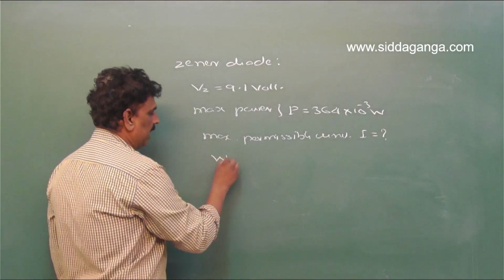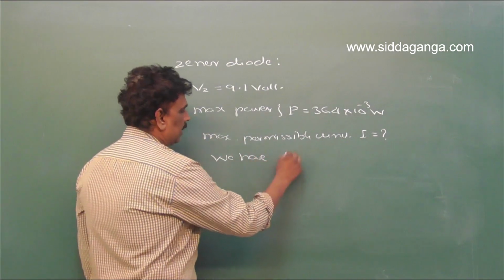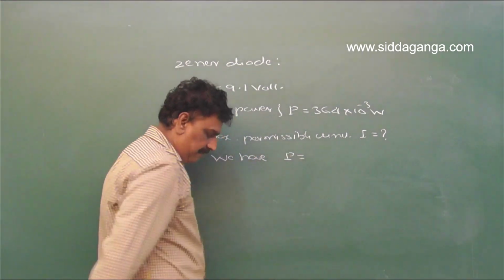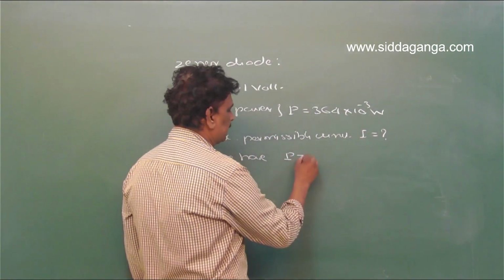Now we have the power P of an electric circuit or electronic circuit.